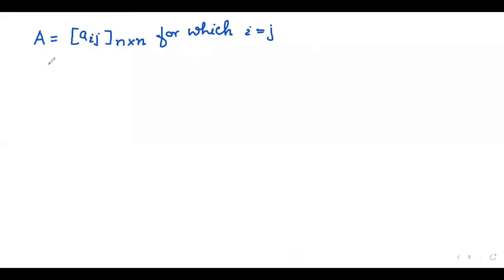Now in a square matrix A = [Aij] n by n, i is equal to j means the row position is equal to the column position. Meaning A11, A22, A33 and so on, when i is equal to j. These are all called diagonal elements of a square matrix.